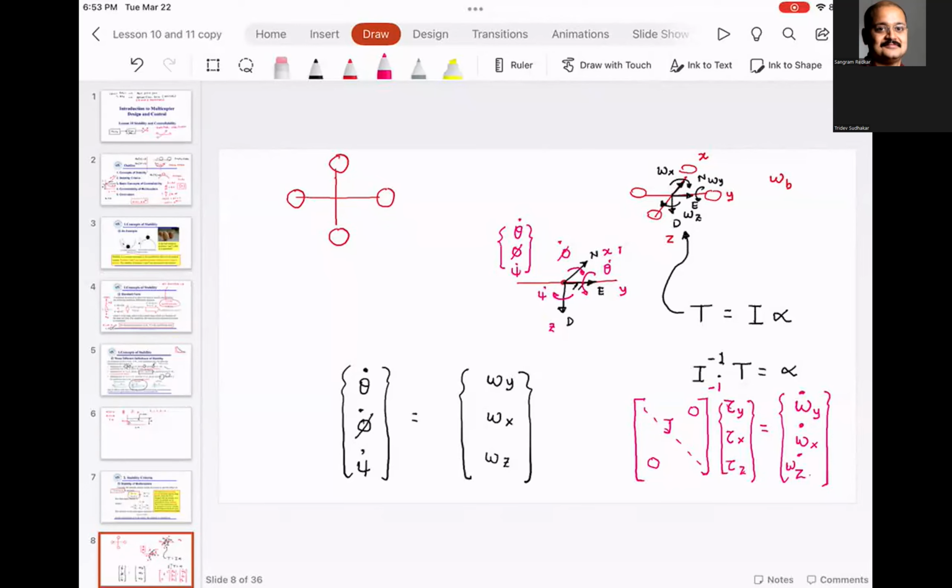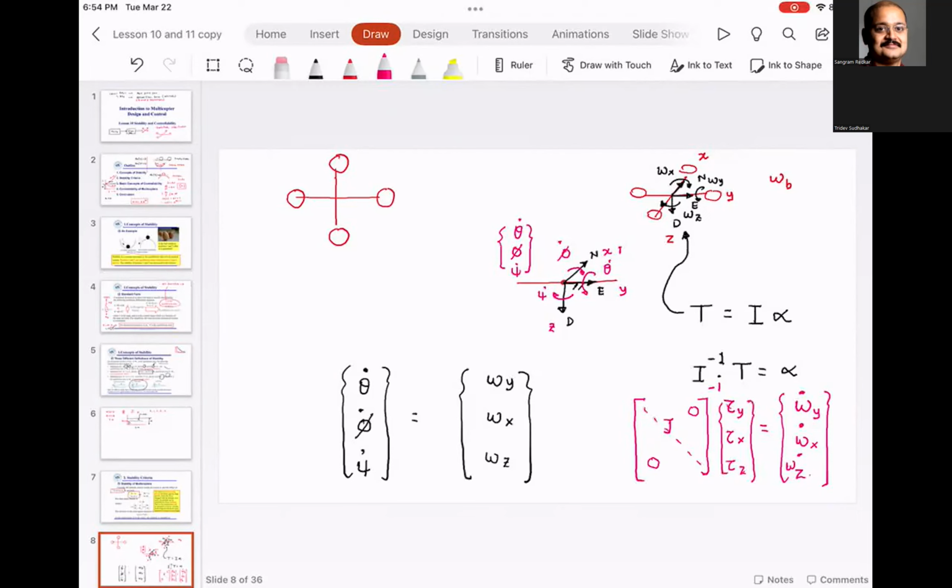So what that means is the roll rate, pitch rate, and yaw rate are nothing but body angular velocities. Do you agree with me? And you have gyros and accelerometers to measure body angular velocities. You can measure those using a complementary filter. So basically, the first part of that equation we can get from the sensors. Now, what is happening in the second part? Second part is based on the body angular velocity.